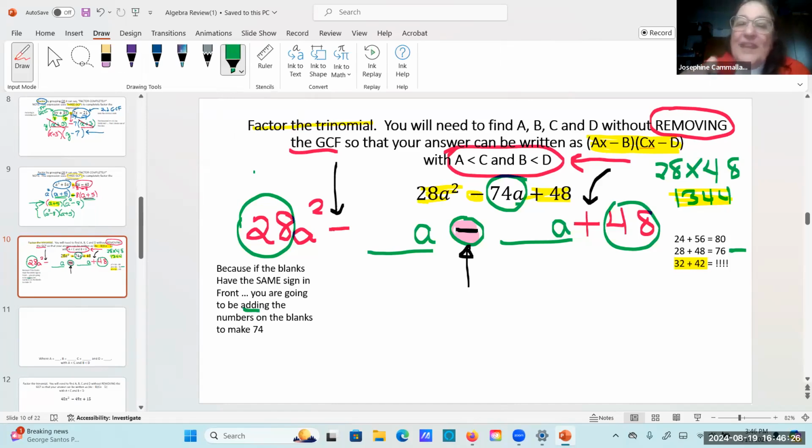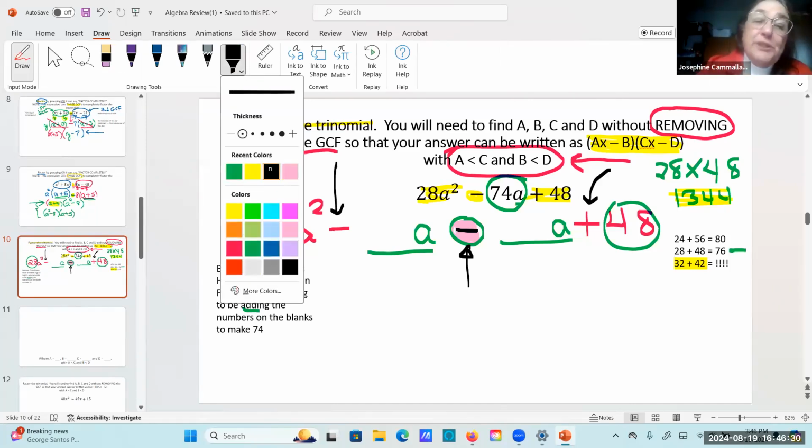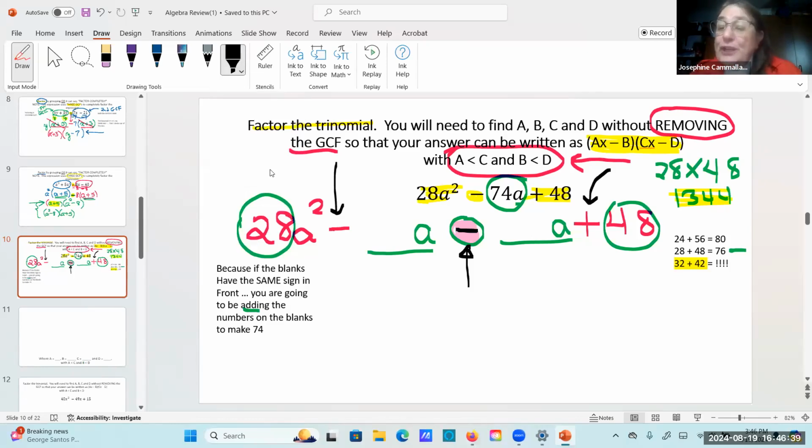The nice part about it is I am going to be able to put 32 and 42 in either place. Now, how did I get 32 and 42? Very good question, Lupe. Let me show you how I did it.